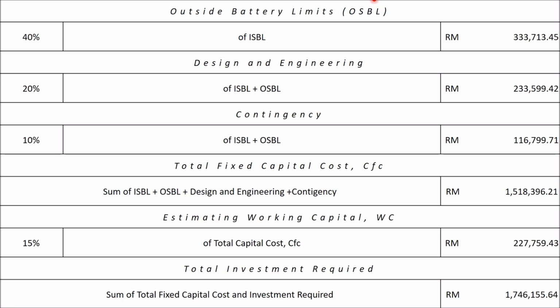Now we will calculate the outside battery limit, which is 40% of the ISBL. Next, for the design and engineering, we will need 20% of the sum of ISBL and OSBL. For the contingency, it is 10% of ISBL plus OSBL. The total fixed capital cost is the sum of ISBL, OSBL, design and engineering, and contingency.